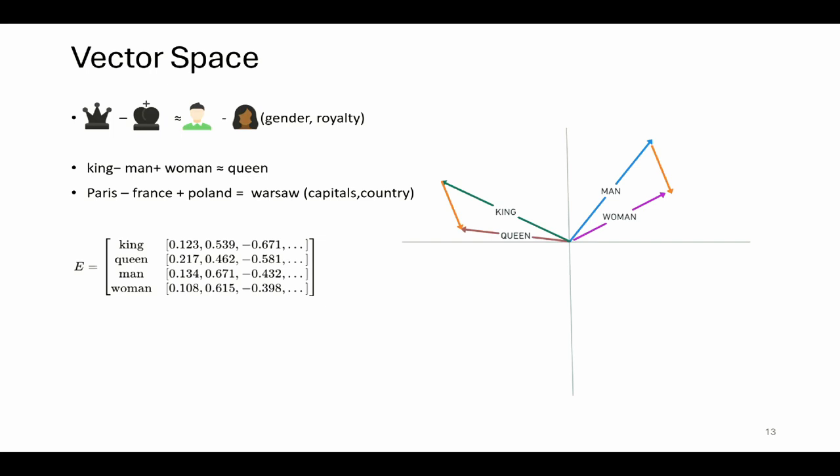So that is how we know that if you take Paris, subtract France from it and add Poland, you get Warsaw. That means the 12,000 dimensions that each word has encompass dimensions for capitals, countries, so geography, location, and all that.